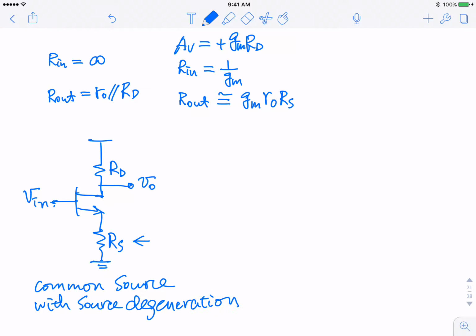Okay, and you hopefully have learned from your lab or seen hands-on the effect of this RS. It provides negative feedback. So this stabilizes your biasing circuit. Stabilizes basically ID, and therefore it stabilizes gm and all your circuit parameters.